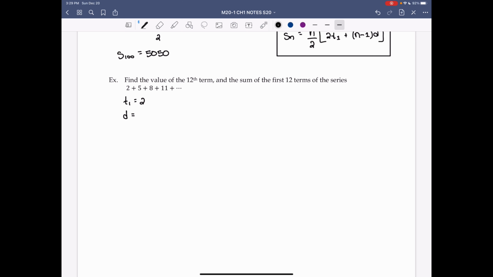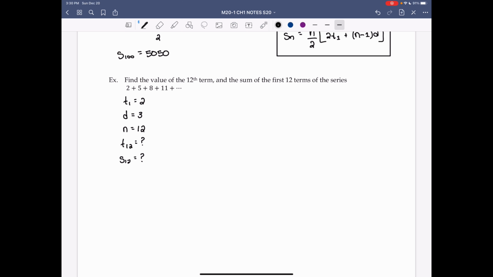We could take the difference between any 2 consecutive terms and we would get 3. 5 minus 2 is 3. 8 minus 5 is 3. 11 minus 8 is 3. We want the value of the 12th term and the sum of the first 12 terms, so n equals 12 in this case. We're trying to determine T12, the 12th term, and S12, the sum of the first 12 terms.